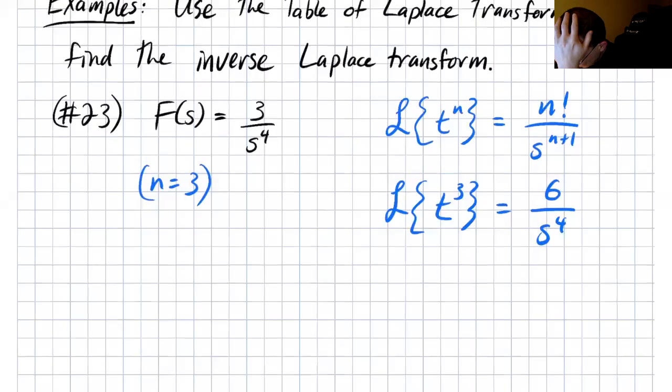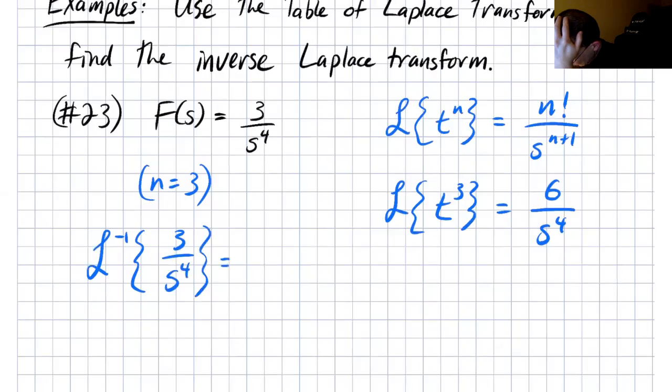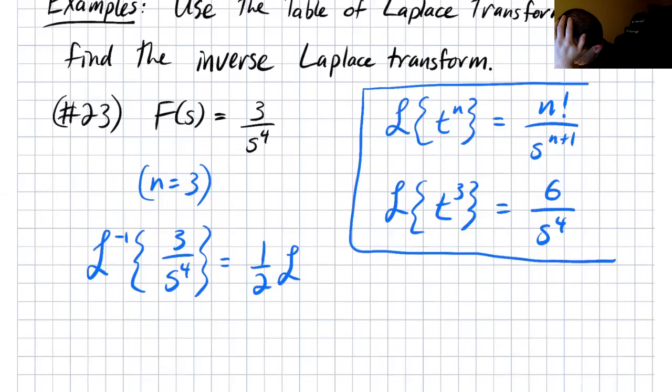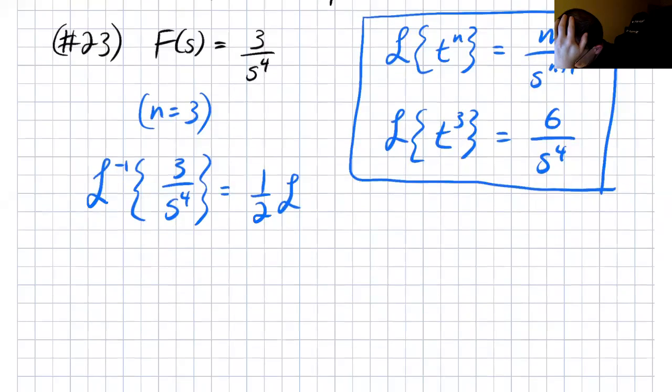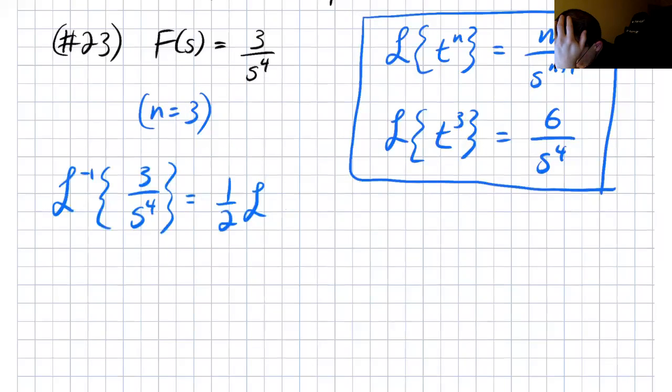So what would the inverse Laplace transform be of 3 over s to the fourth? It would be 1 over 2 times the inverse Laplace transform of 6 over s to the fourth.